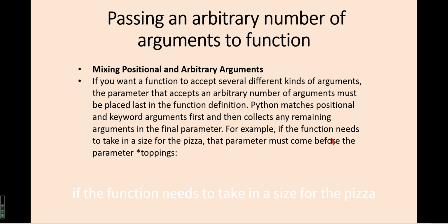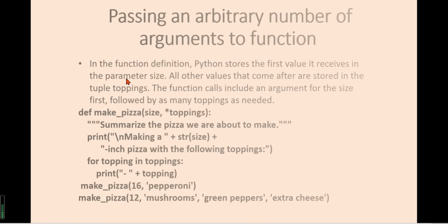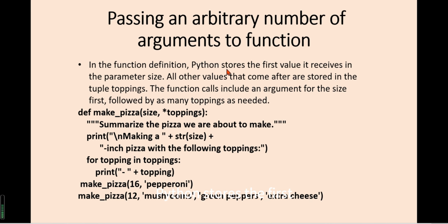For example, if the function needs to take in a size for the pizza, that parameter must come before the parameter *toppings. So in the function definition, Python stores the first value it receives in the parameter size. All other values that come after are stored in the tuple toppings. So the function calls include an argument for the size first, followed by as many toppings as needed.